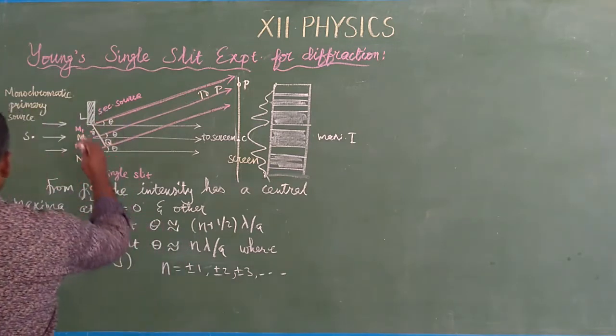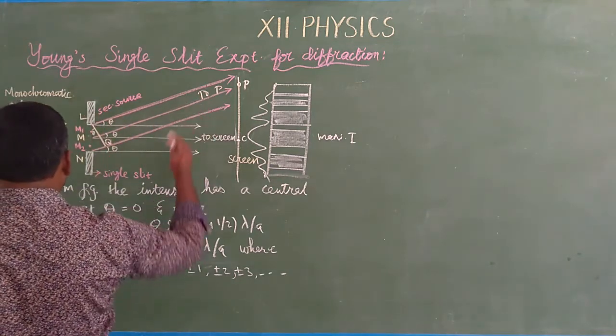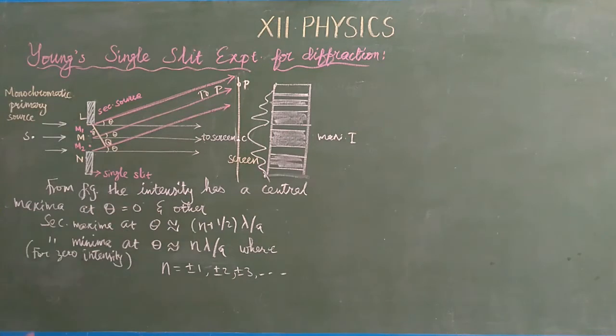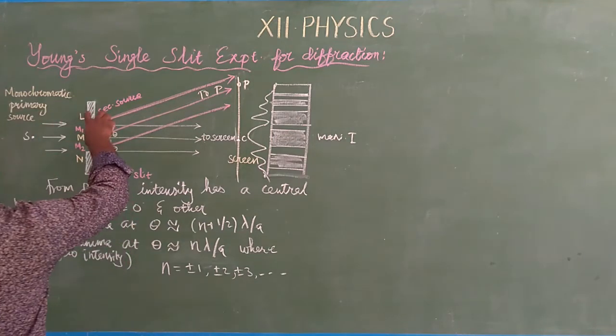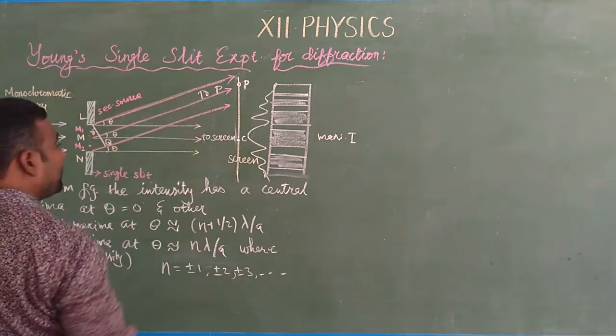Okay, so it is easy to see why it has minima at all these values of angle.